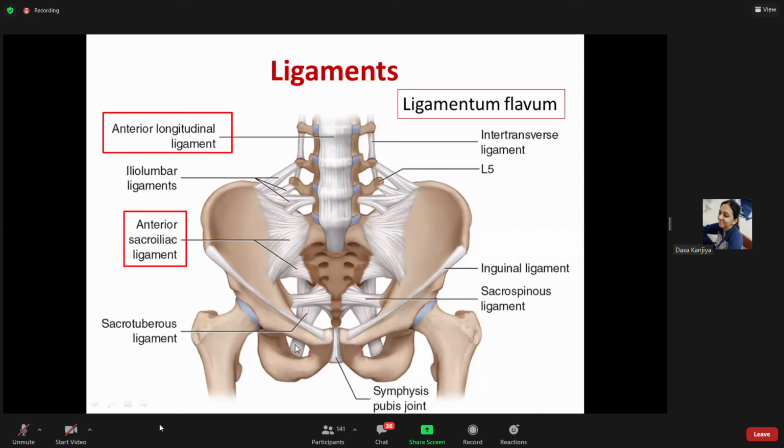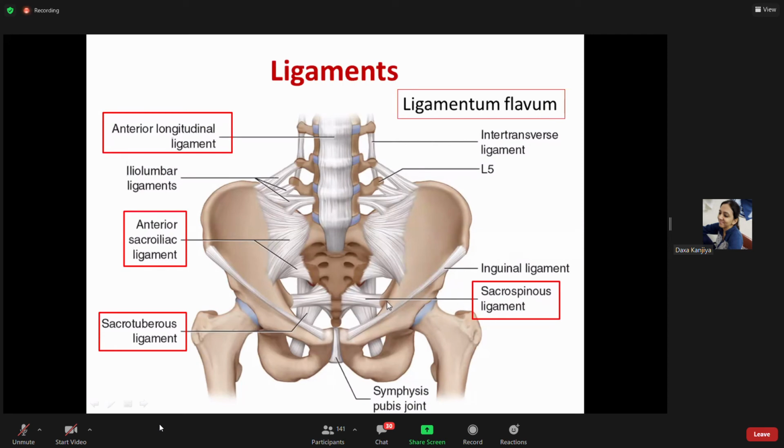Here you can see the two, sacrotuberous and sacrospinous, extending from the lower narrowed part of the lateral surface of the sacrum. Sacrotuberous ligament extends from the sacrum to the ischial tuberosity of the hip bone.